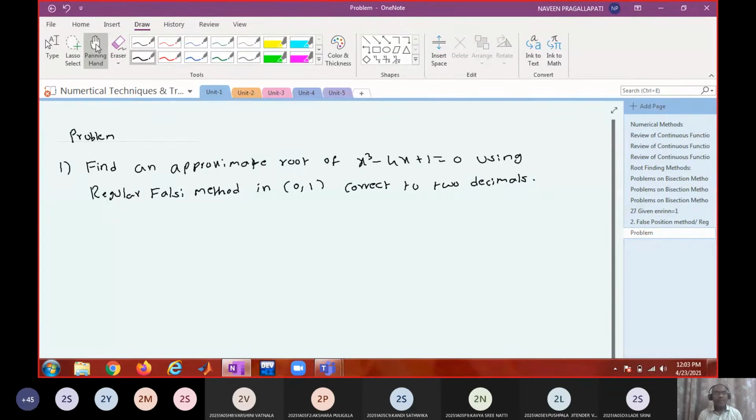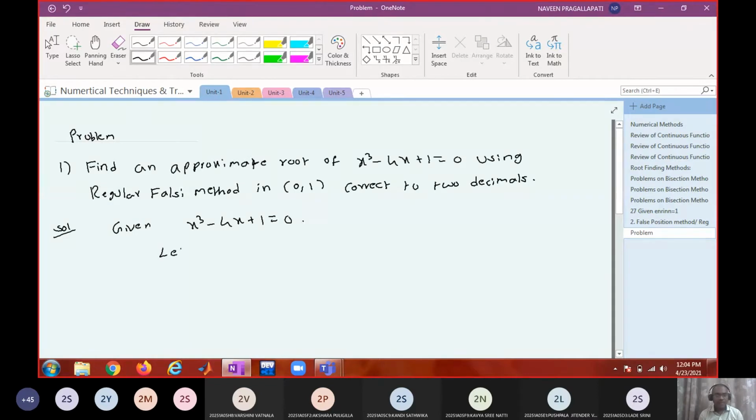Sometimes the interval will be mentioned. In that case you have to take that interval and get the root which lies in it. First of all we have to check whether the interval works for us or not. The given equation is x cube minus 4x plus 1 equal to 0.